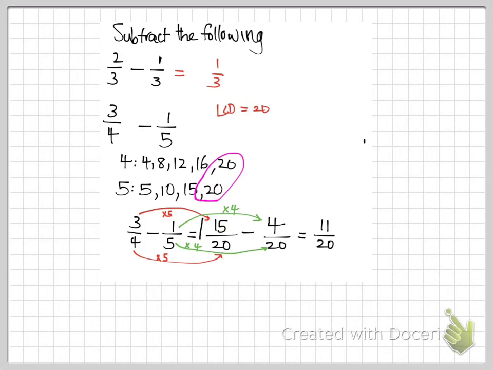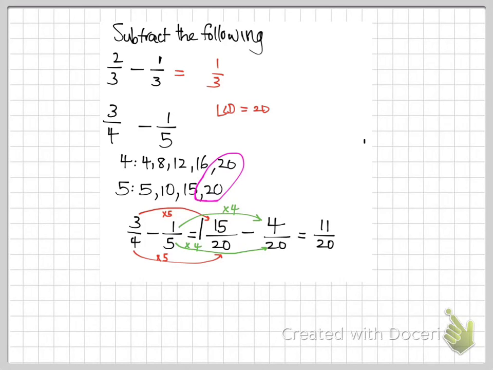So I multiply the denominator by 5 to get to 20. And for the top, I do the same, because what I do at the bottom, I do at the top. So I don't change my fraction, okay? I can change my fraction as long as it's equal. I'm not making a different fraction. I'm making the same equivalent fraction. That's allowed. So 3 times 5 for the top becomes 15. I've got 15 over 20.